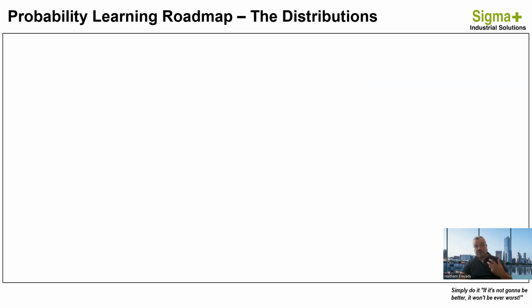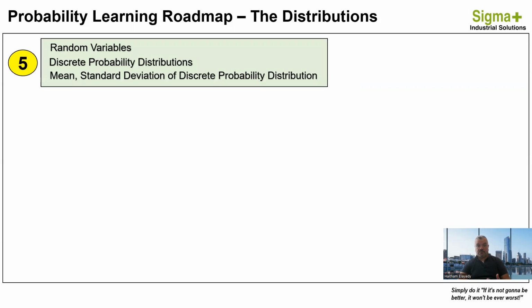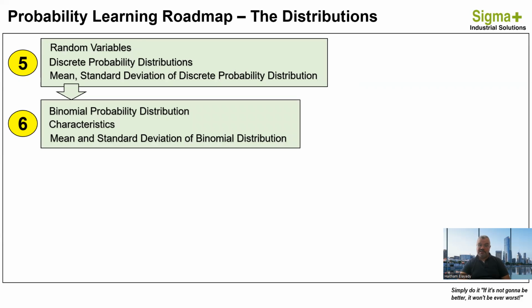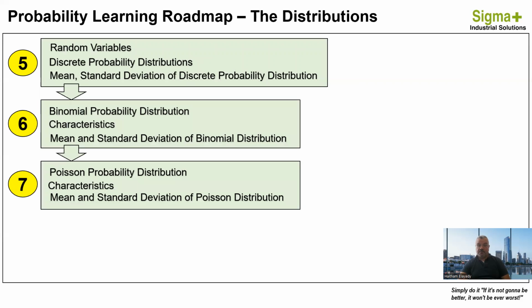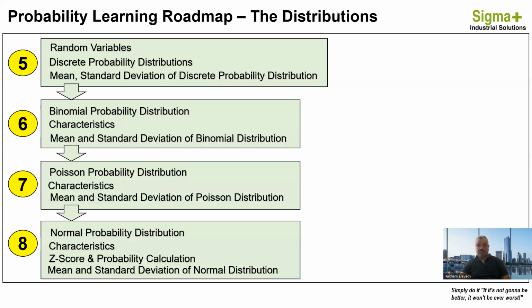Then we will go through the more advanced level, the probability distributions, starting with the discrete probability distribution, the binomial probability, the Poisson probability, and ending with the normal probability distribution, with the calculation of the probabilities, standard deviations, and the mean of the data distributions.